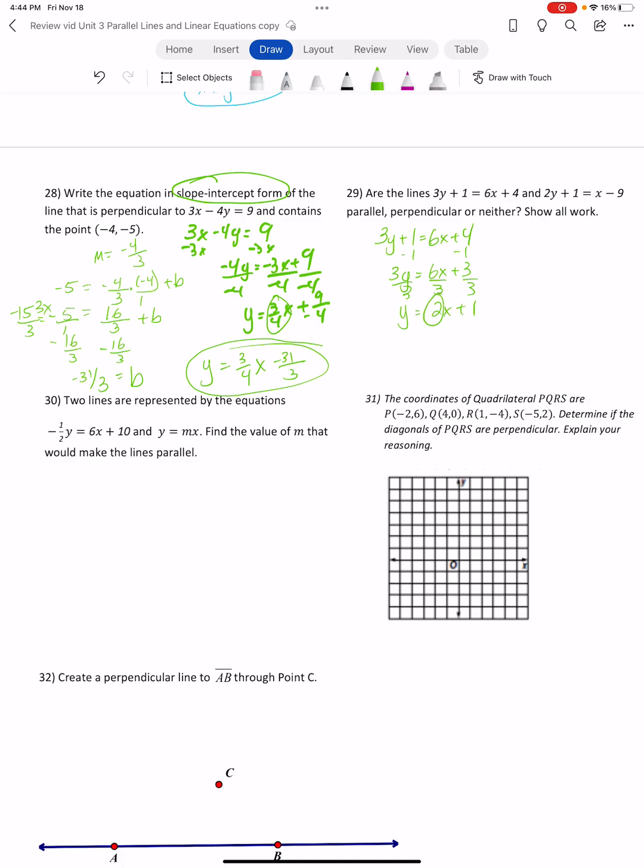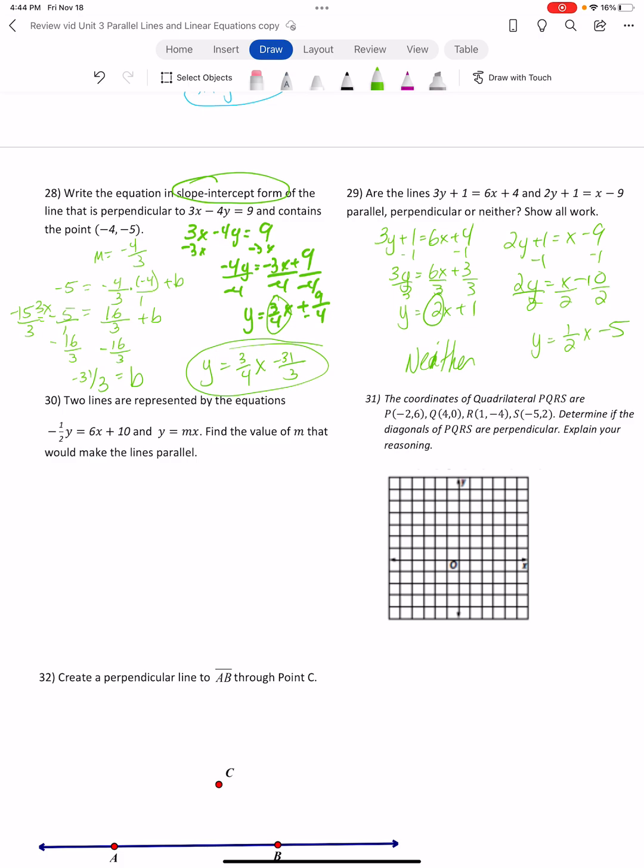Slope of this one is 2. 2y plus 1 is equal to x minus 9. Subtract 1. 2y is equal to x minus 10. Divide by 2. Y is equal to 1/2 x minus 5. And so they are not opposite signs, so this one's going to be neither.